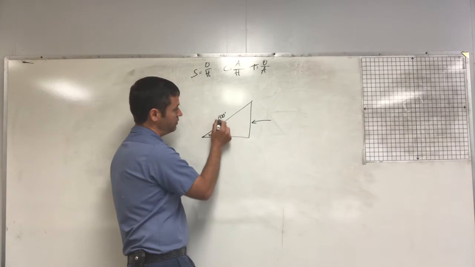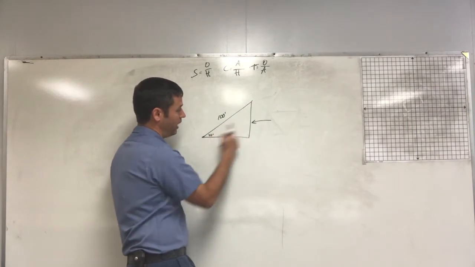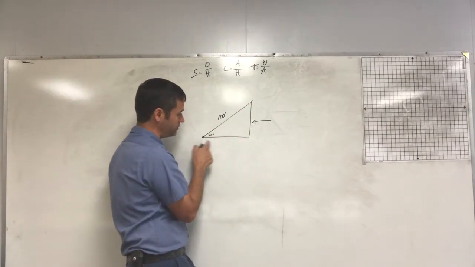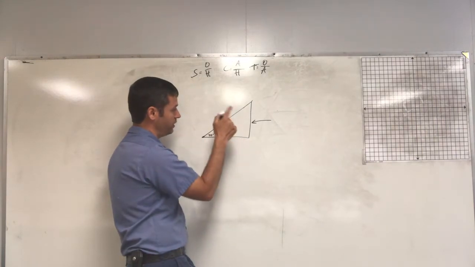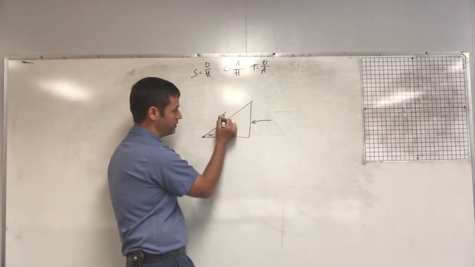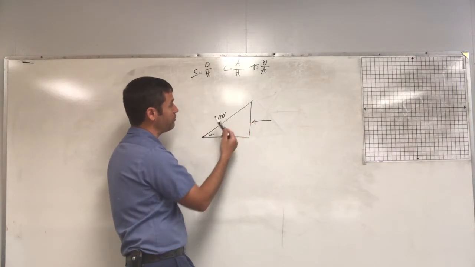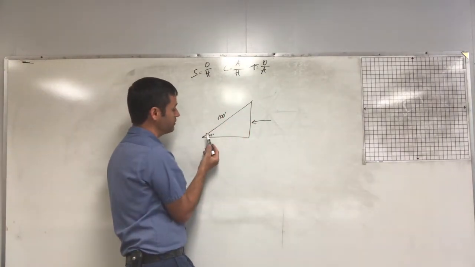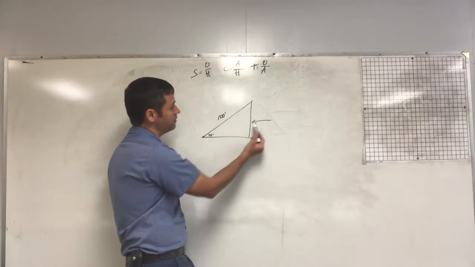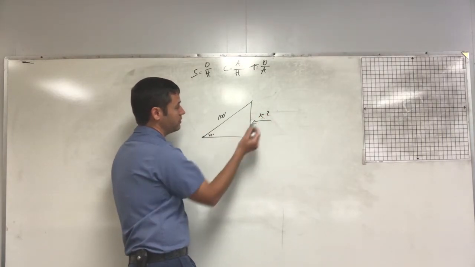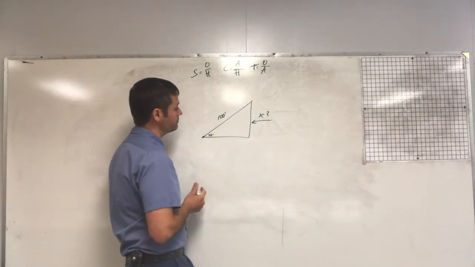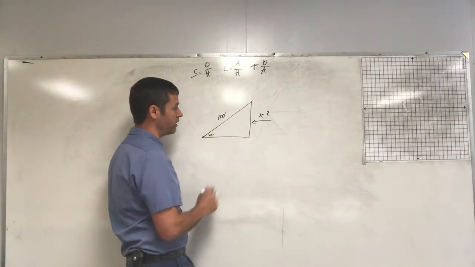This is the hypotenuse, 100 is hypotenuse, this is opposite. This side is adjacent. So if you know this one and you need to find this one, then you're looking for an opposite and a hypotenuse, which happens to be the sine. So the sine of 40 degrees is some unknown value x over 100. And then type it in calculator, solve it, however.